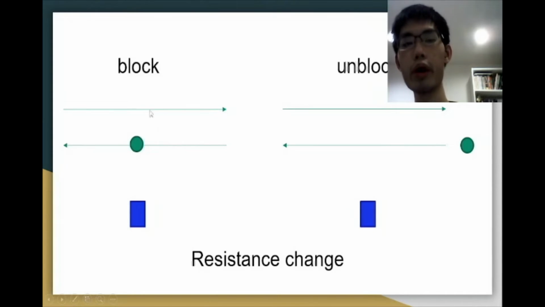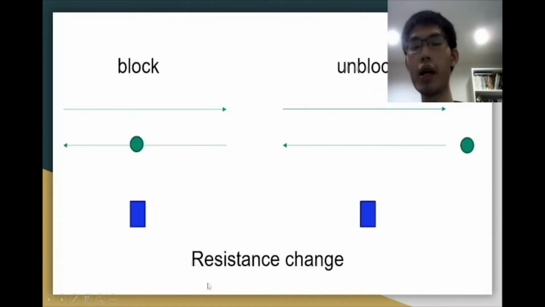Our particles on the cardboard will actually follow simple harmonic motion horizontally. So it will move periodically. And the blue one is the photoresistor. It will switch between the blocked stage and the unblocked stage due to the movement of the particle. And it will thus cause the change of the resistance and the generation of periodic waves.